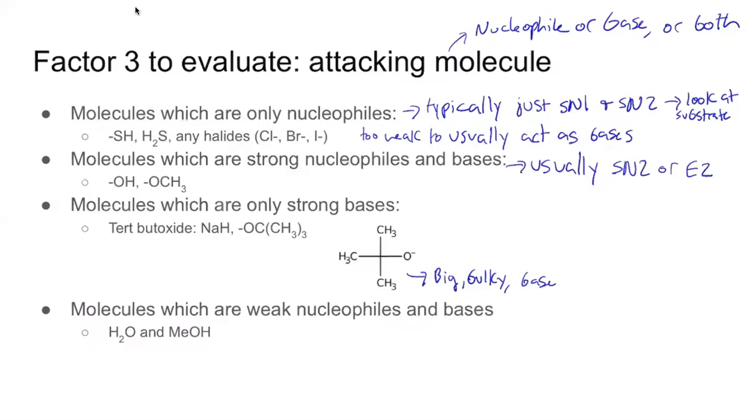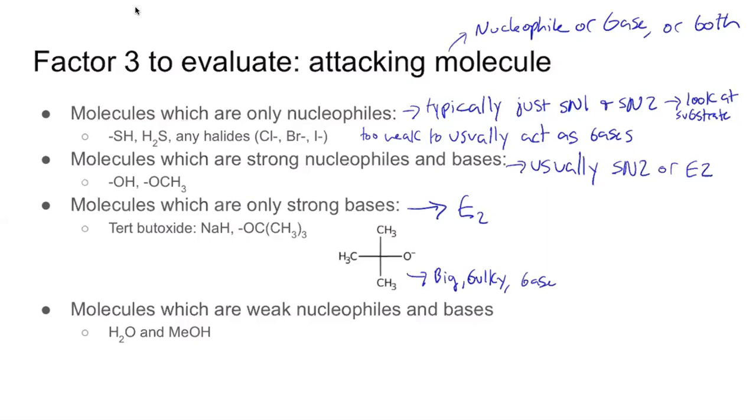And then, of course, we have NaH, where Na plus is the spectator ion, and we have H minus, which is too small to act as a nucleophile, but can be used to deprotonate stuff. So these types of strong bases are usually only seen in E2 reactions, assuming the substrate has all the stereochemical constraints met.